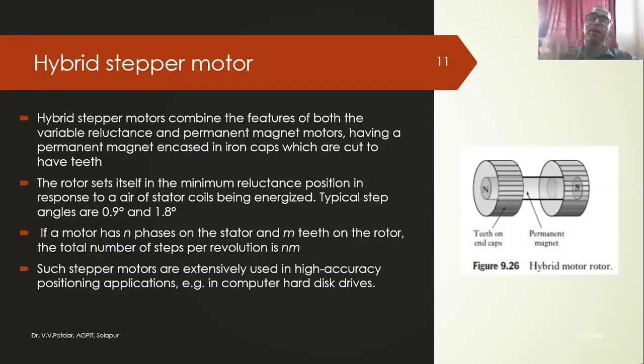So I give a command through the software, through the keyboard, to the operating system, and accordingly the hard disk drive will index the stepper motor to that precision, and the head, the optical or laser head, will position itself in such a way that I can reach the desired destination file. So the precision is very high, the positional accuracy is also very high.